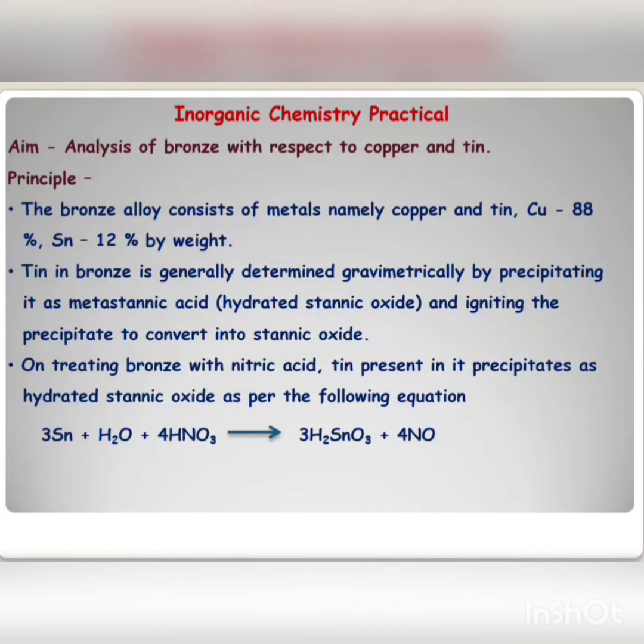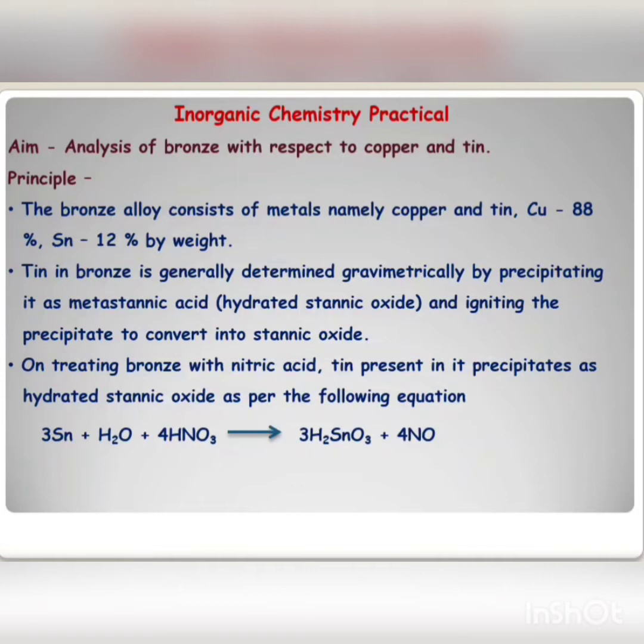That is, if you take a bronze sample and add nitric acid to it, the tin present in the bronze is precipitated as metastannic acid. The formula of metastannic acid is H2SnO3, and after igniting this H2SnO3 precipitate, you will get stannic oxide, that is SnO2.